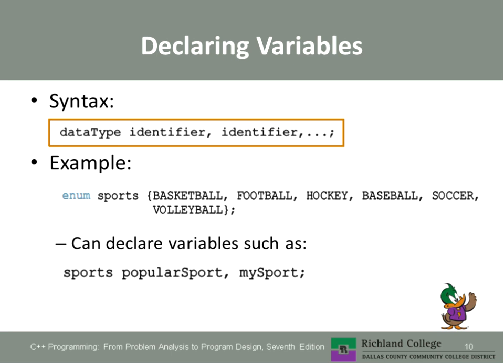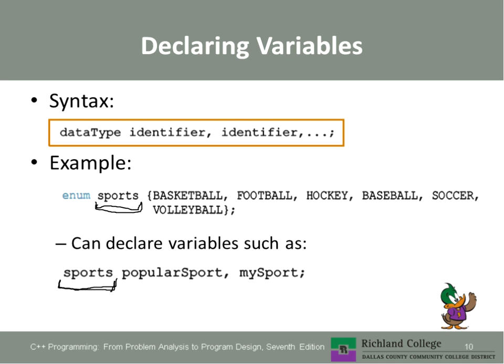So how do we declare variables? Well, if we have the enumeration type of sports, think about it just like if this would be an integer or a floating point or a character. Now, the data type becomes your enumeration type. So this becomes now your data type. That's why it's called a user-defined data type, because you created this.